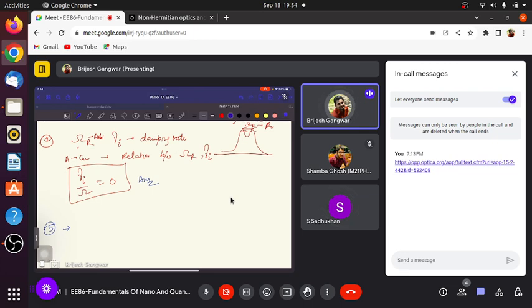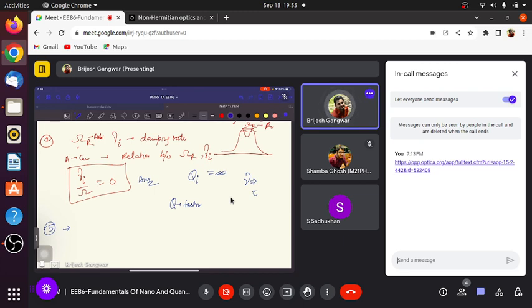If gamma i is equal to 0, then it means Q will be infinite. Because see, what is gamma? Gamma is the damping rate, and this is termed as a time, tau. And what is the Q factor? The basic definition of Q factor is delta omega by omega or something like that: how long any cavity, how long this energy can sustain in that cavity.